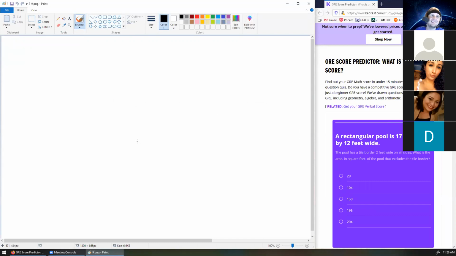Okay, I'll do it. It says a rectangular pool is 17 feet long by 12 feet wide. The pool has a tile border 2 feet wide on all sides. What is the area in square feet of the pool that excludes the tile border?